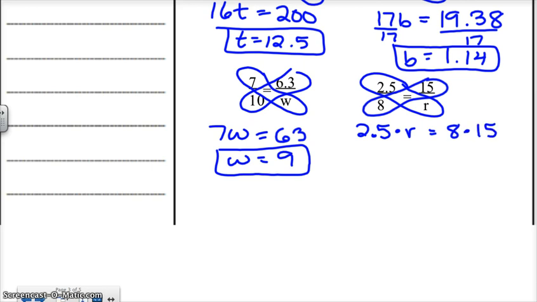The numbers across, take the product. Product means multiply. 2.5 times R is really 2.5R. And 8 times 15 is 120. Now, to solve, I would divide through by 2.5. And R would equal 48.